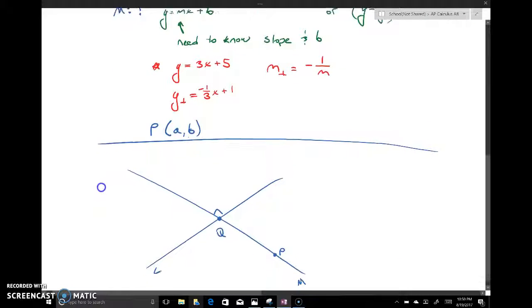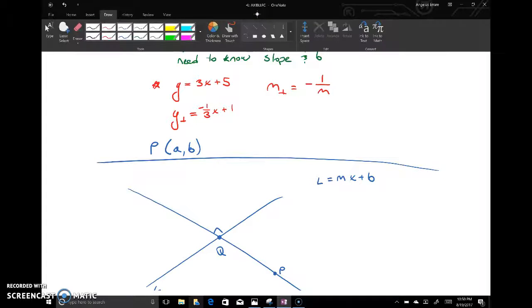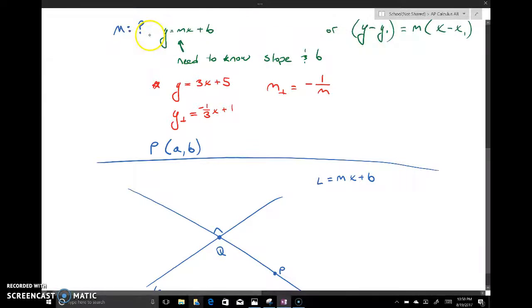One way that you could solve for this is if you had line L, let's say y equals mx plus whatever its intercept is, and then you had line M, and it has whatever its slope was.